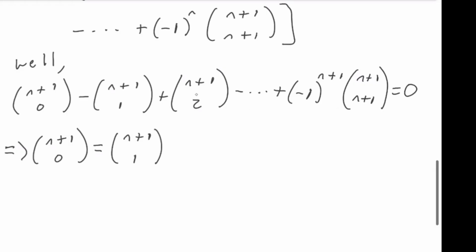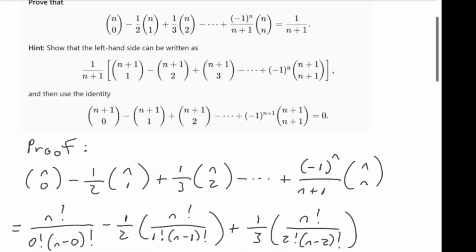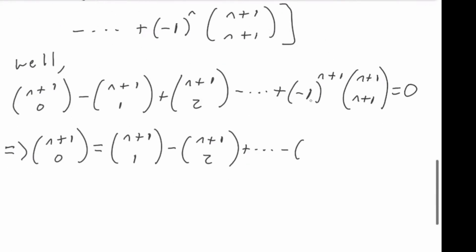If I subtract this on both sides, it'll be minus n+1 choose 2, plus, and this will be minus. So, of course, I don't want n+1, so I can rewrite this as negative 1 times (-1)^n times n+1 choose n+1, okay?